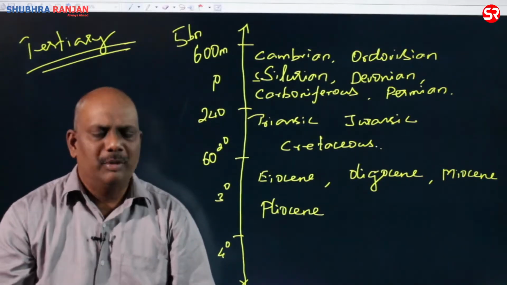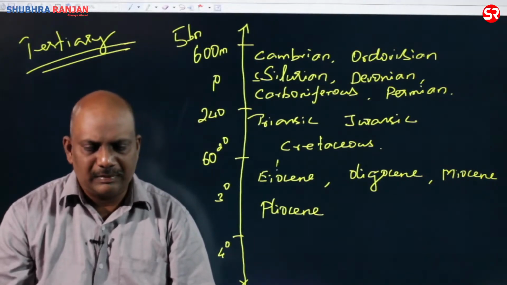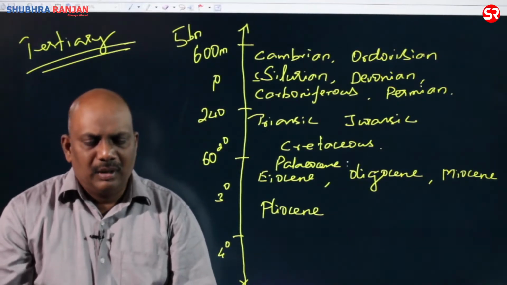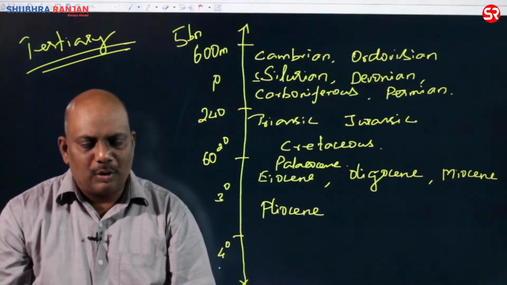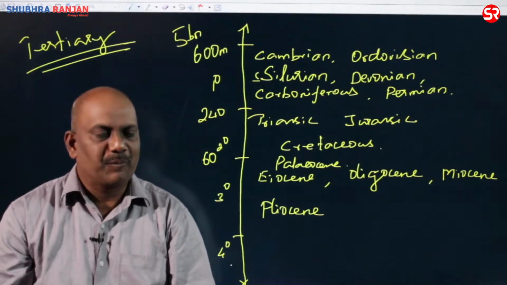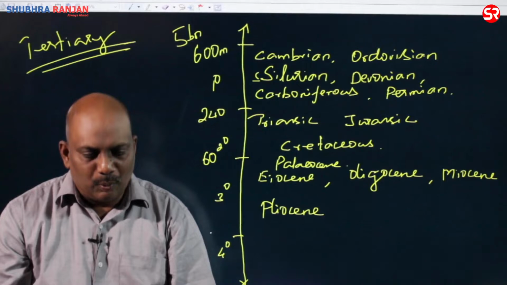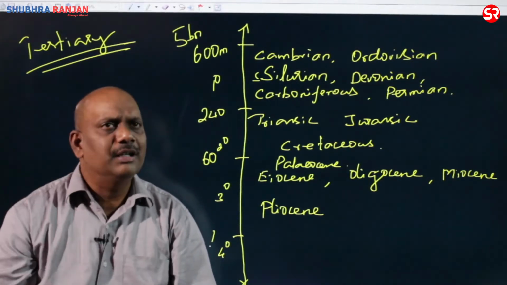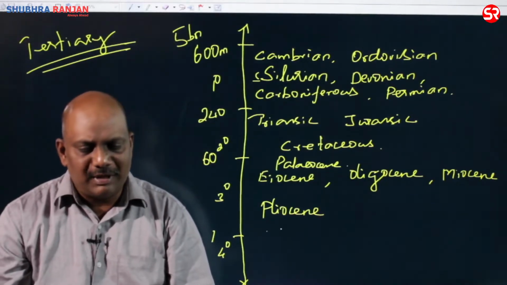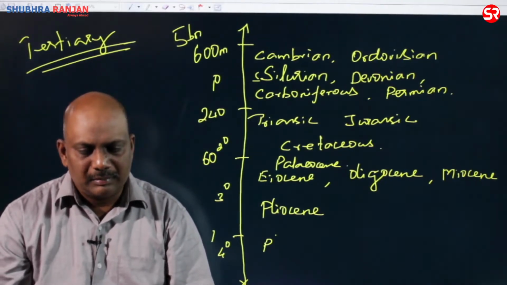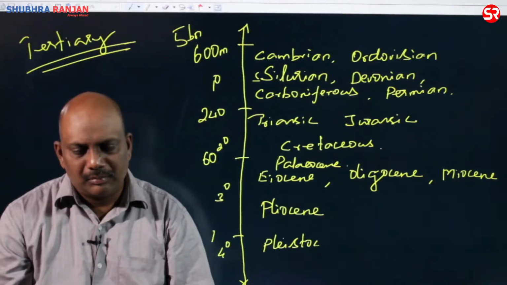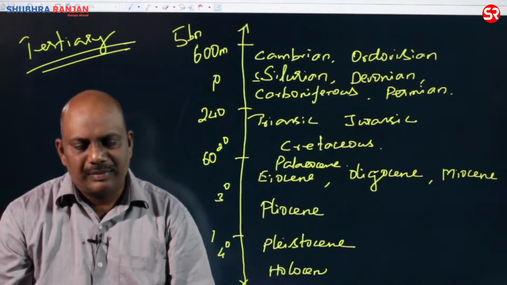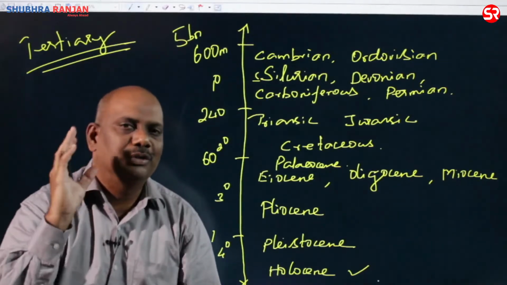If you add one more period here, that is the Paleocene. Then comes the Quaternary period, finally, which starts roughly around 1 million years ago and continues even now. We are living in the Quaternary period. This is further subdivided into Pleistocene and the Holocene. We are currently living in the Holocene period.